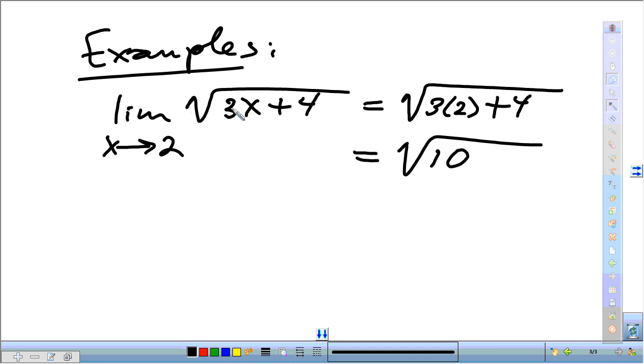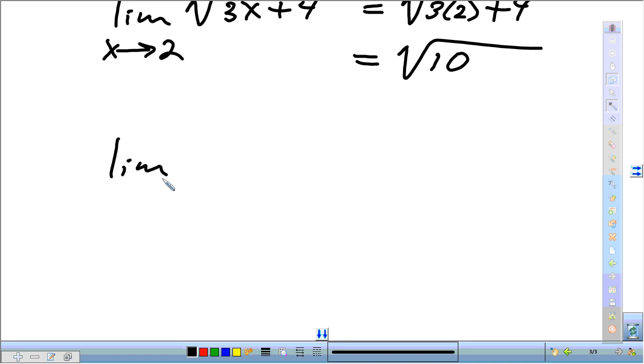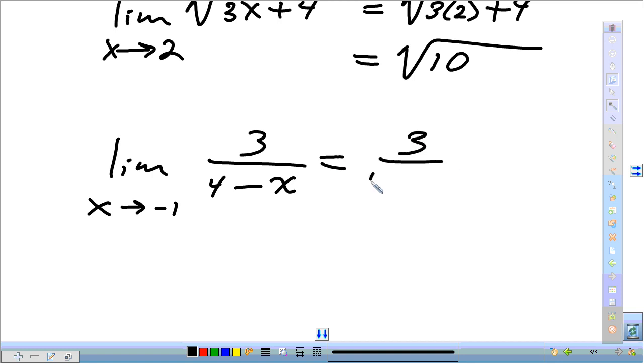So many nicely defined functions. We know the curve does not have holes, jumps. It's a nice continuous curve. We can just substitute the 2 in this case into the expression and evaluate the limit. Or something like the limit as x approaches minus 1 of 3 over 4 minus x. So 3 over 4 minus a minus 1.